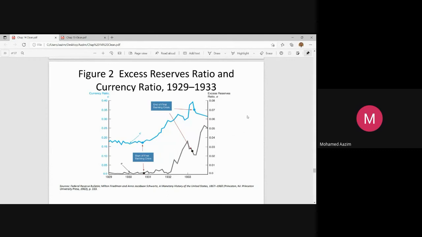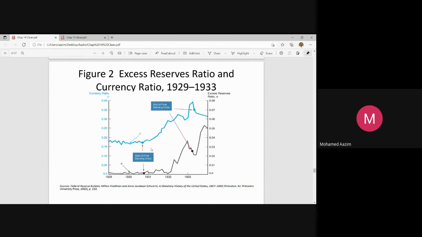We also see a similar tendency in the currency ratio, here, the blue line, with the left-hand y-axis showing the values. Generally, the currency held in the US is about 17 to 18% of the total deposit base under normal circumstances, less than one fifth.